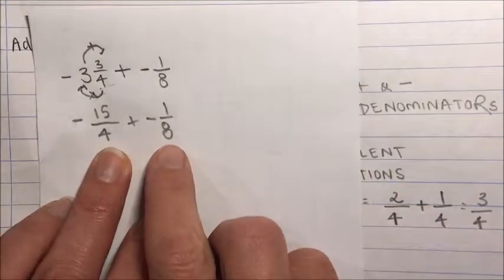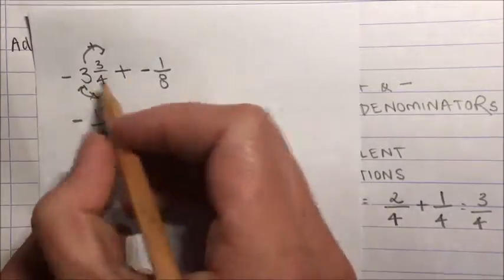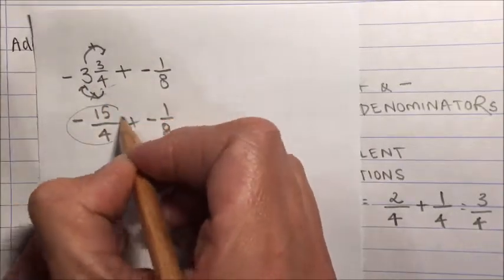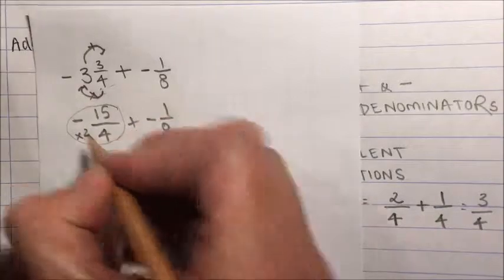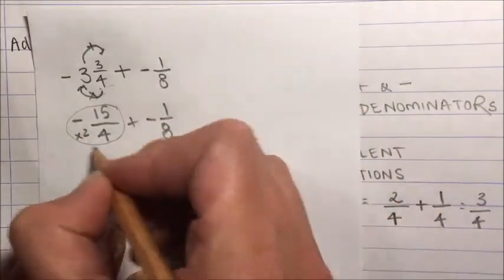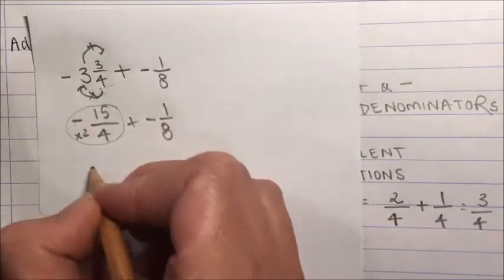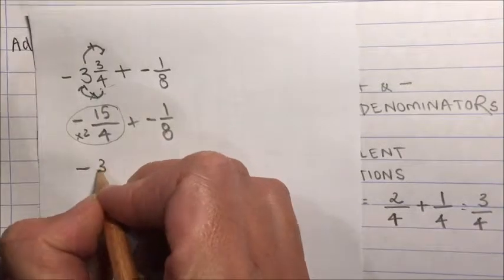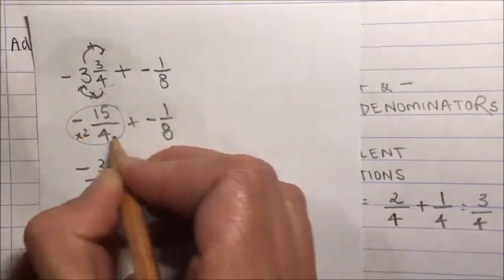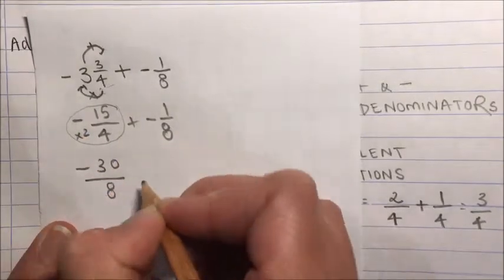Now already I can see that 4 is a factor of 8. So all I'm going to do here is multiply this by 2. So 2 times negative 15, negative 30, 2 times 4 is 8.